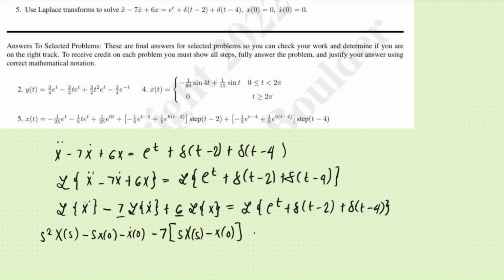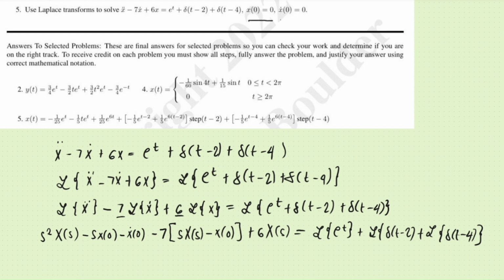And then plus 6 times the Laplace transform of x, which is obviously the uppercase X of s, is equal to the Laplace transform of e to the t plus the Laplace transform of Dirac delta of t minus 2 plus the Laplace transform of Dirac delta of t minus 4. Since our initial conditions are x of 0 equals 0 and x prime of 0 equals 0, we can cancel these terms.